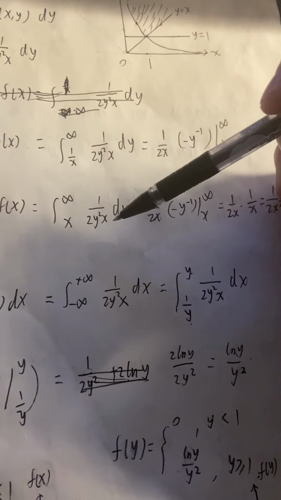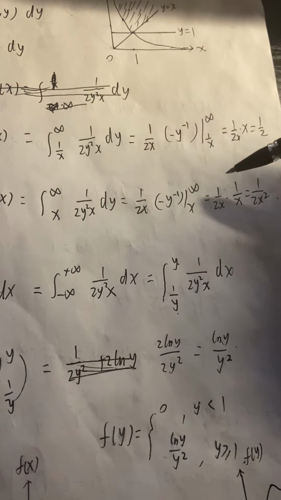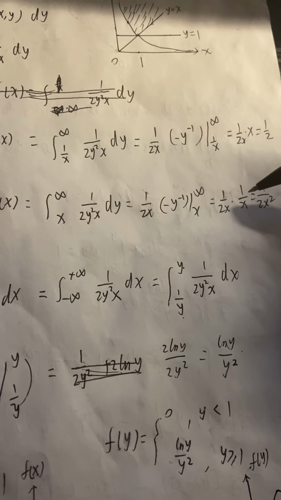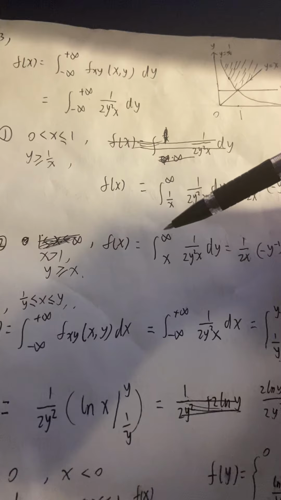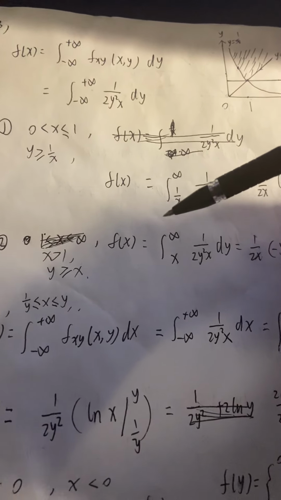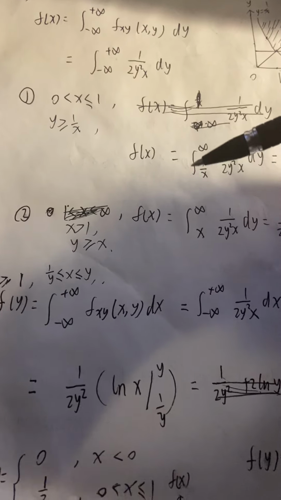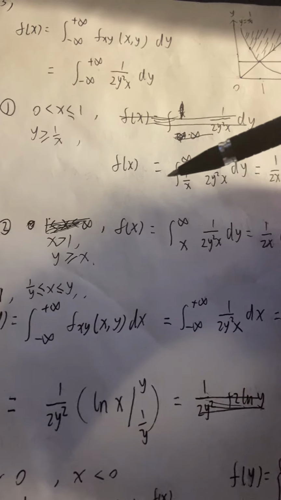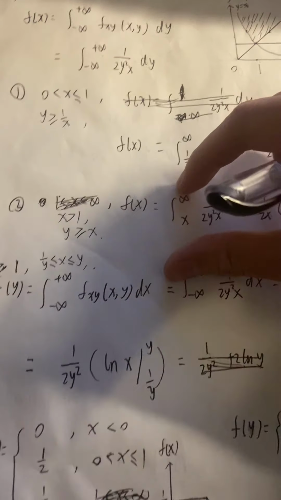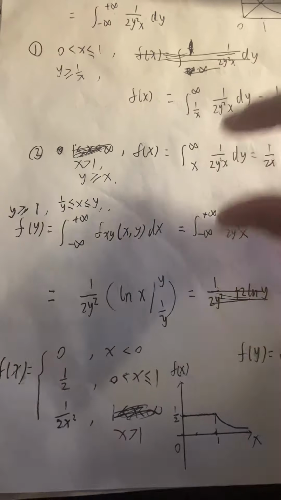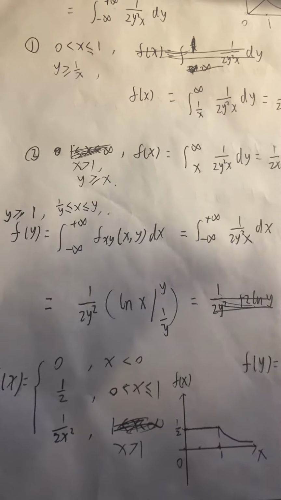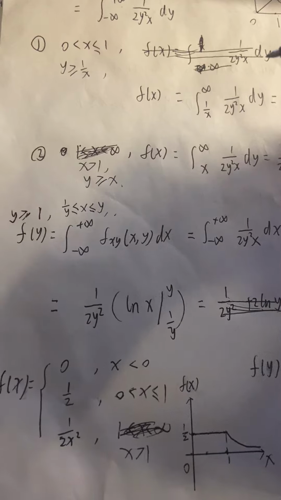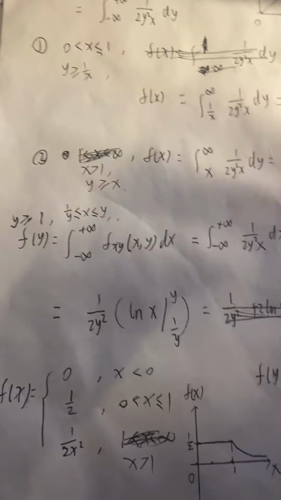So we can calculate this integral, and the final result will be 1 over 2 times x squared. For x less than 0, the f x will be 0. And now we have f x, and then we can find f y.